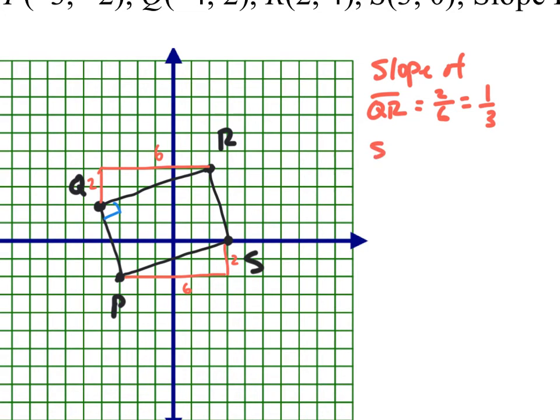I also know that the slope of PS is the same thing. We go up 2 and over 6, so we get 1/3. Then we want to figure out what's going on with QP and RS. I know that these are the same, so I know that those are parallel, but I'm trying to figure out, are they perpendicular?